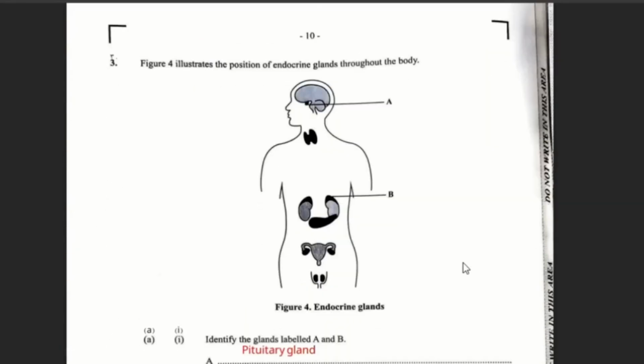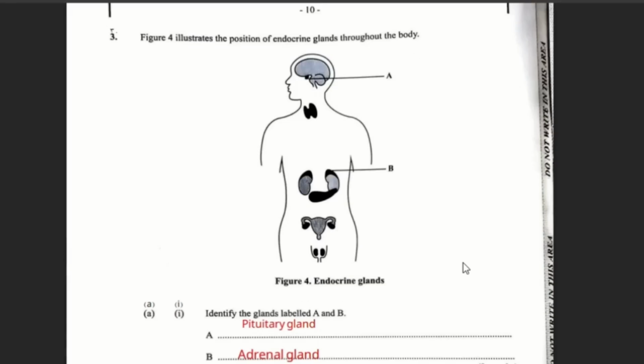Alright, so the next part is going to be the endocrine system. The endocrine system has literally everything to do with glands and hormones. The first part says identify the glands labeled A and B. From the A pointing in the brain, we know that is going to be the pituitary gland.